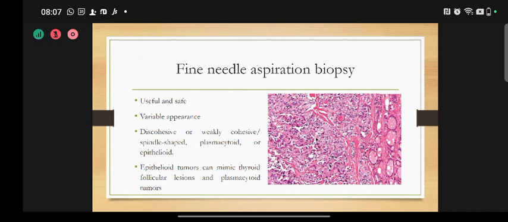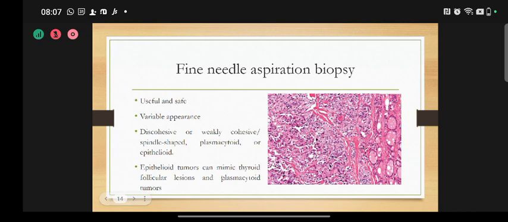So after we have done an ultrasound or an imaging, we can go for a fine needle aspiration biopsy, either USG guided or direct. So this is a useful and safe method, which has got a variable appearance in FNA. Cells can be spindle-shaped, plasmacytoid or epithelioid, and they can be discohesive or weakly cohesive.